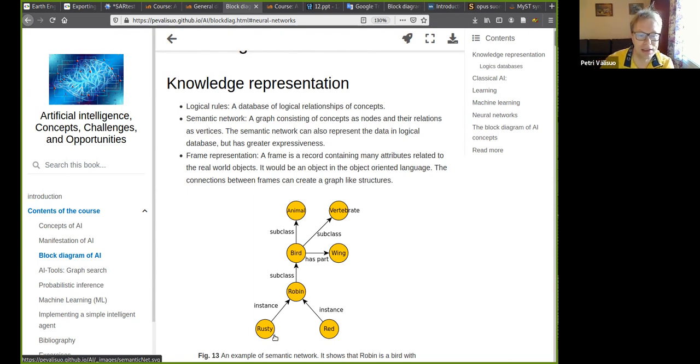It is an instance of something that has red, this kind of rusty red color. It's a subclass of birds, and bird is a subclass of animal, and they are also a subclass of vertebrates, so that's selkärankaiset, and it has certain parts like wings.